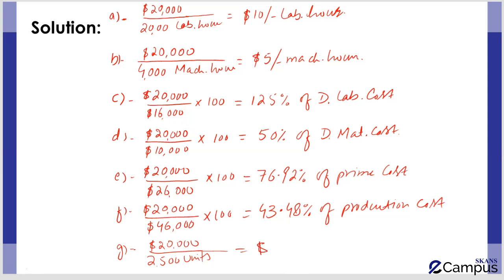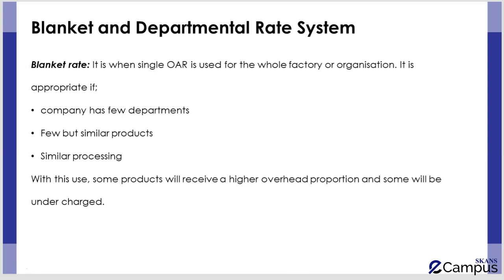The overhead absorption rate would be $8 per unit produced. It means whenever we produce one unit, $8 overhead cost is incurred. Hopefully, you understand the basic concept of overhead absorption rate. Now, moving on to the next slide.